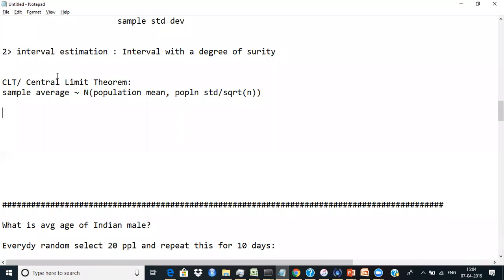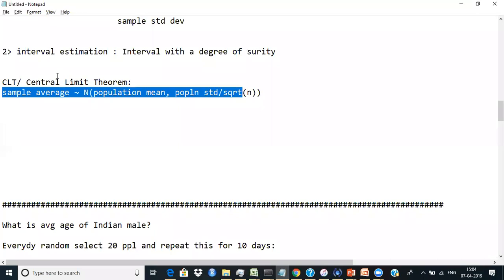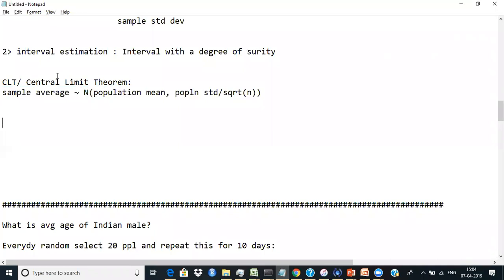Now, going back to one of the properties of normal distribution. Since sample average follows a normal distribution with a mean equal to population mean and standard deviation equal to this, can we say that sample average will lie between population mean plus, okay, before we do that, there is a shorter name that is given to this quantity.